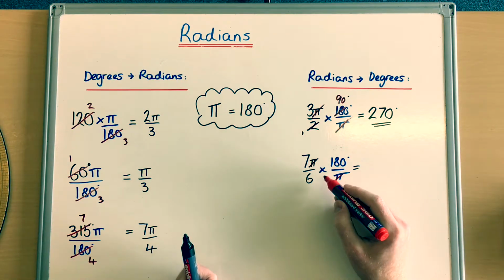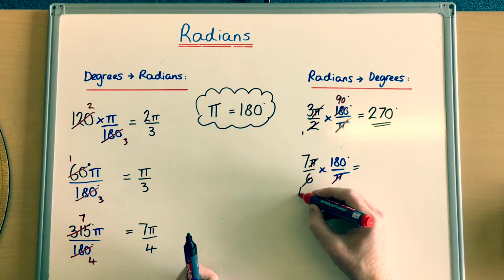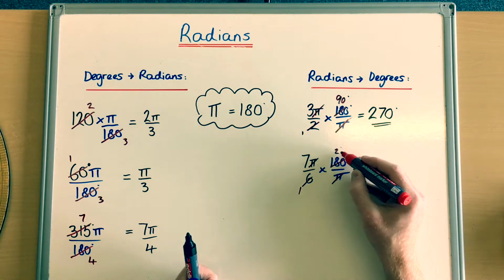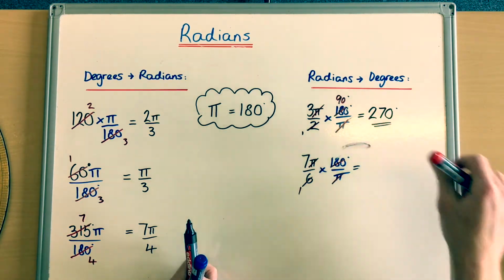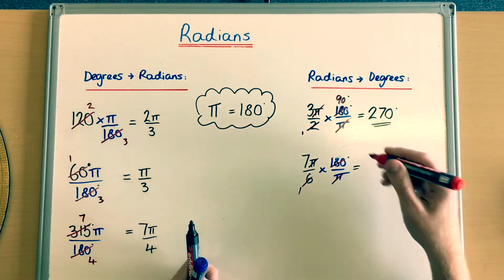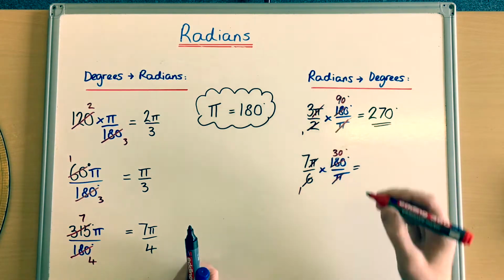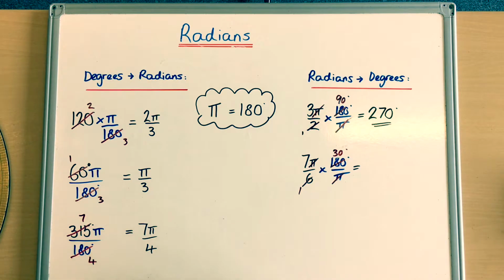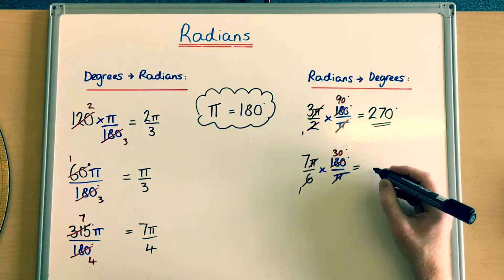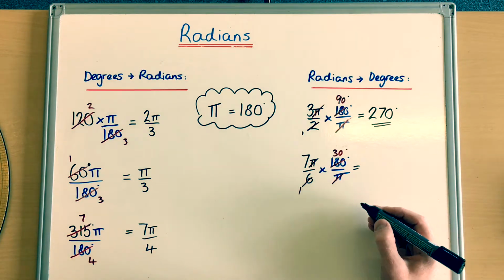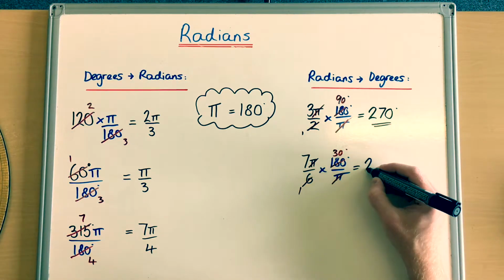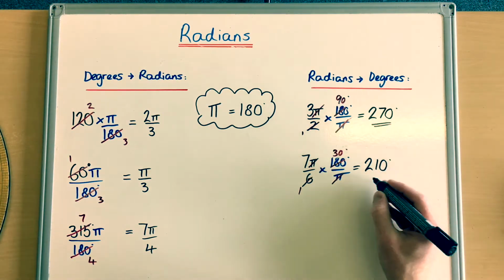Well, these are both in my 6 times table, so that goes in once and that goes in 30 times. So that leaves us with 7 30s are 210, and again here 1 times 1 is just 1, so we don't need to write that as a fraction. 210 degrees.